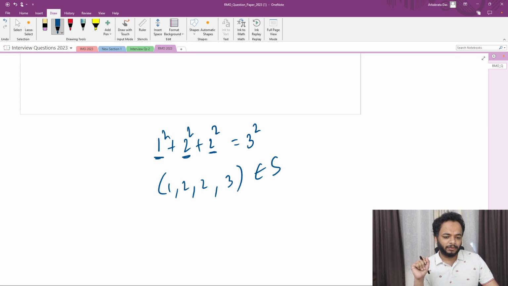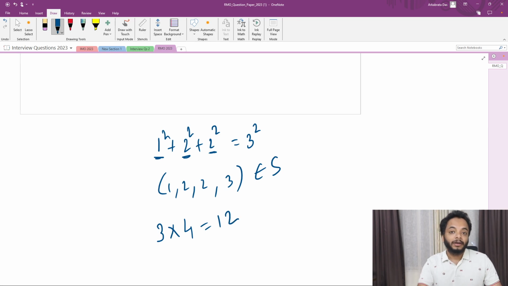So the idea here is that this solution involves primes like 2 and 3. Now the product abcd comes out to be 3 times 4, which is 12.